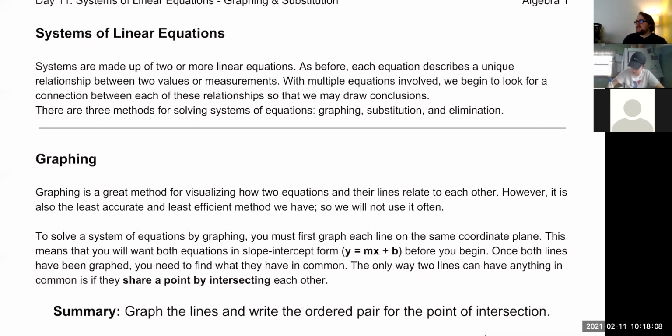So because graphing sometimes is kind of up in the air and we don't know even if they're going to intersect where we can see it, it's usually the last thing we rely on. Substitution and elimination are going to be the big ones we focus on a lot.